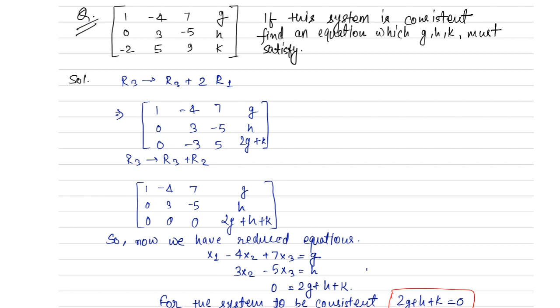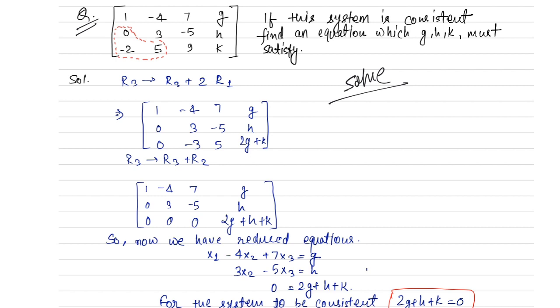First, we can try to solve this system of linear equations using the row operations that we have done already. We have to convert these three values into 0.